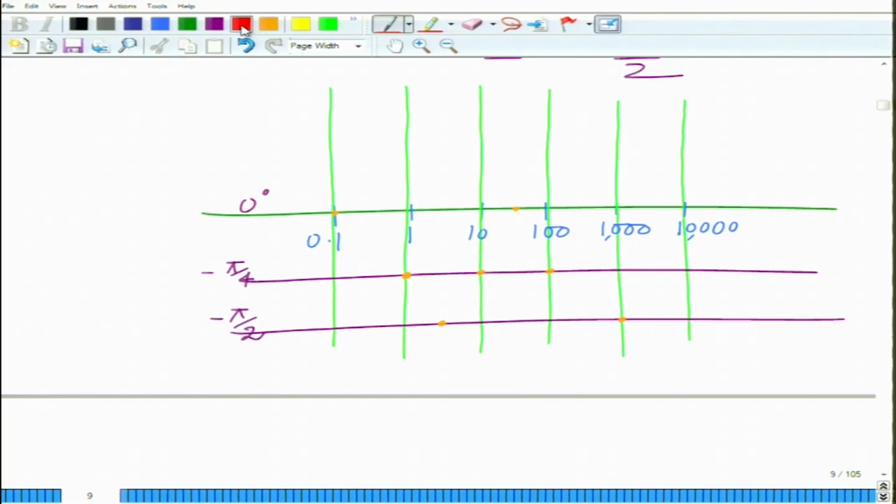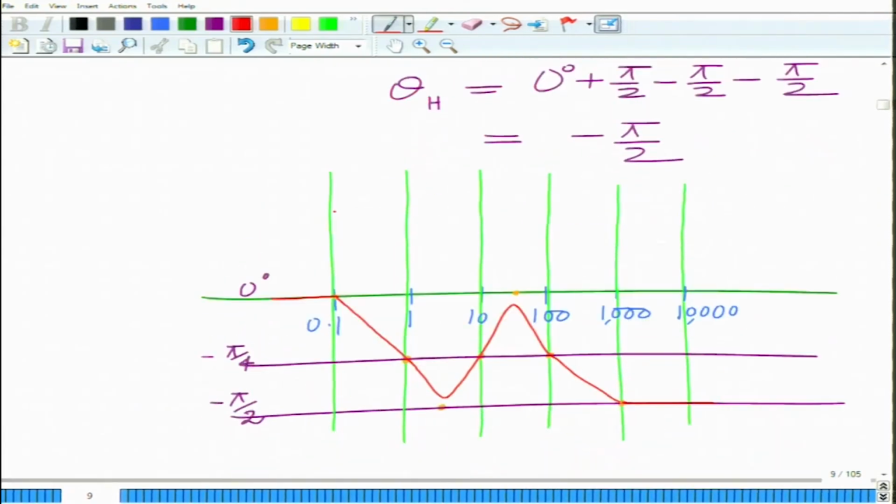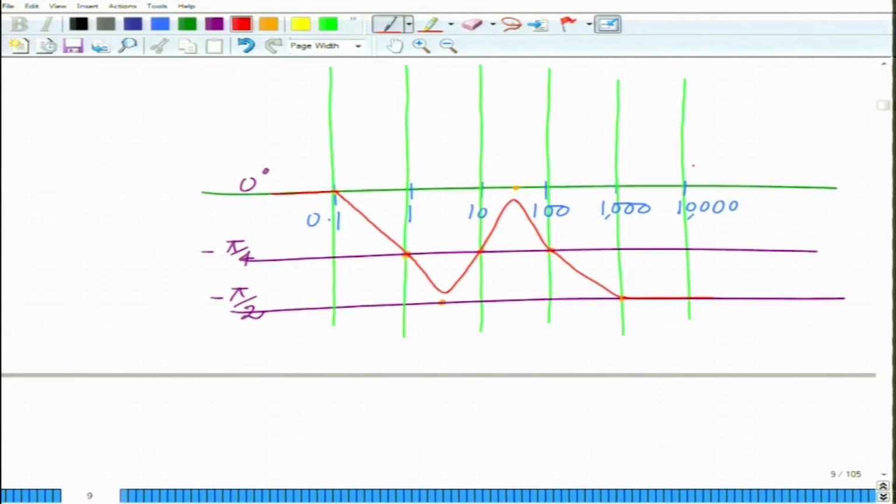If you join these by a line, it looks something like this, approximately. Okay. This is the Bode plot of the phase.